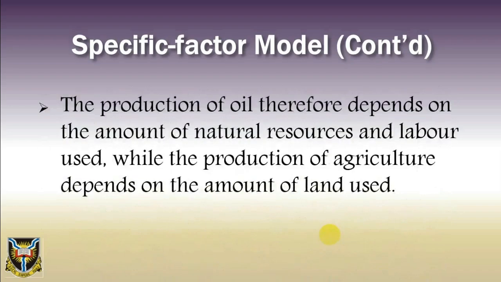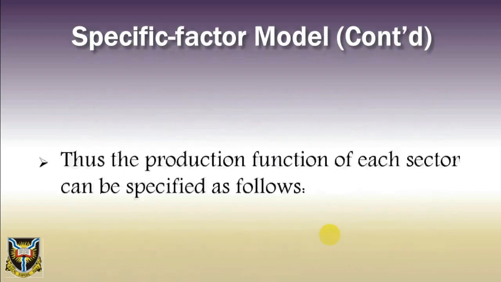The production of oil therefore depends on the amount of natural resources and labor used, while the production of agriculture depends on the amount of land and labor used.